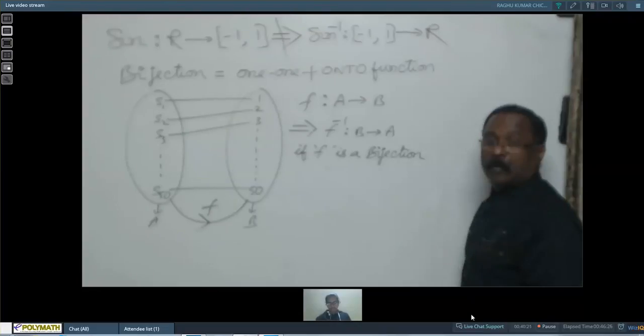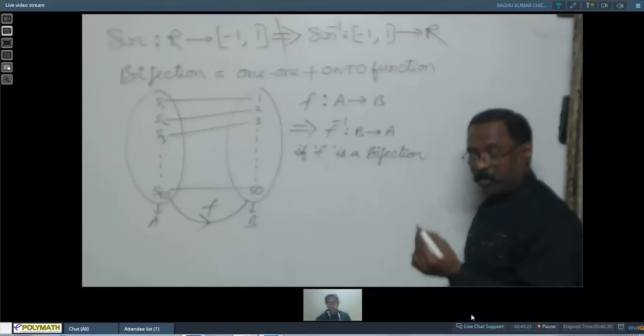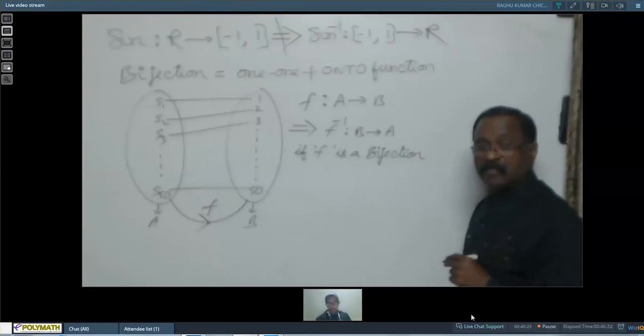You can write the inverse only when it is a bijection. If it is not a bijection, you cannot write that. Remember that.